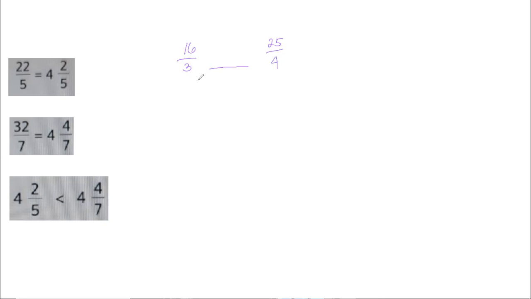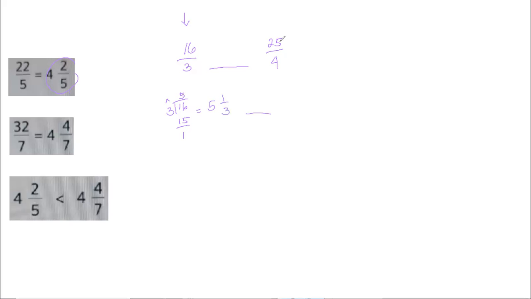Now we will convert this into a mixed number. So what we're going to do is divide. We will do 16 divided by 3. You have 5, and 5 times 3 is 15, extra 1. So that means this is 5 and 1/3.